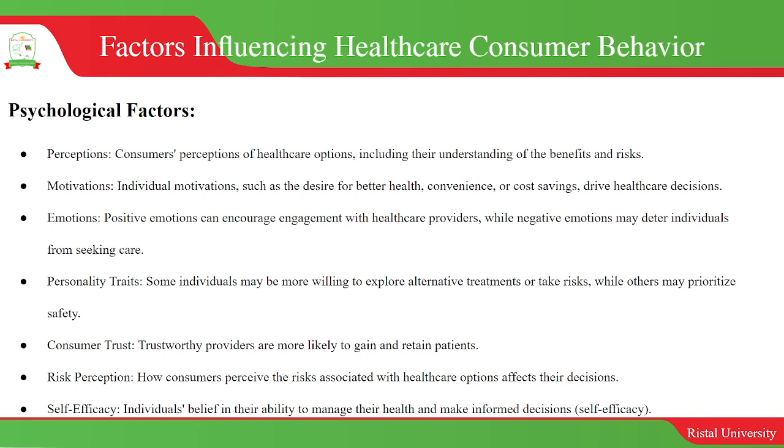So perception plays an important role in many things. In accepting the diagnosis, or in accepting that they're actually sick, in seeking care and what type of care they're going to seek, whether it is alternative medicine or conventional medicine, and whether they will adhere to the treatment or not. So that's perception.